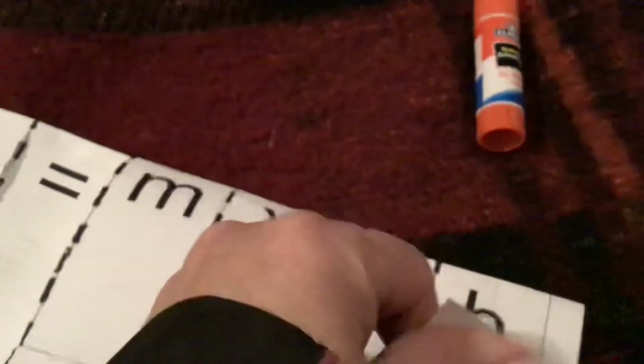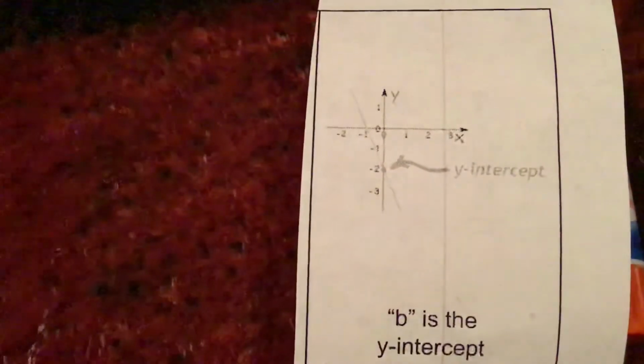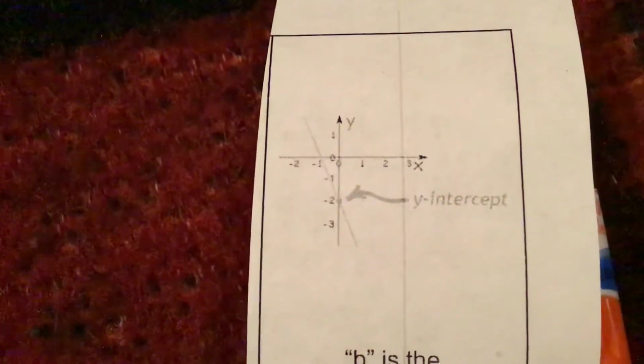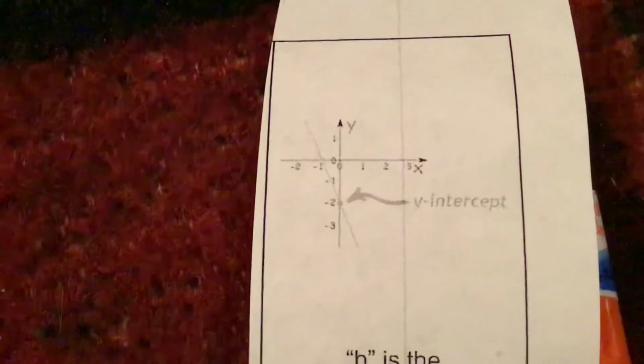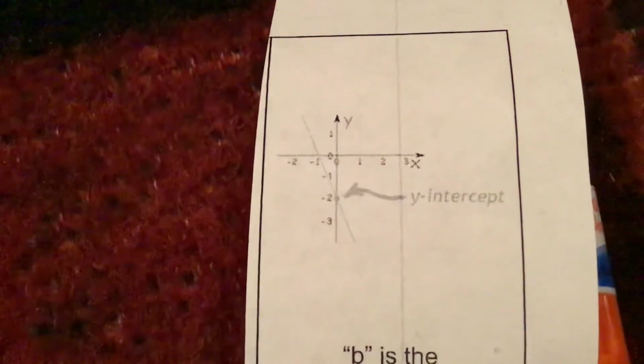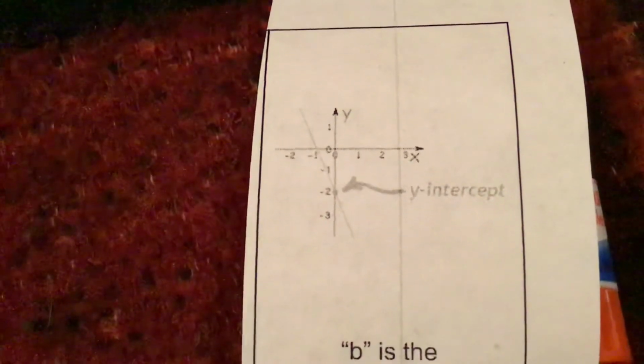Okay, I am back, and the last flap is the letter B. It will also be a number in a problem, and it represents where the graph crosses the y-axis. Remember the y-axis is the axis that goes vertically up and down. On your example picture, the y-intercept on that line is -2. It is where the line crosses over the y-axis.